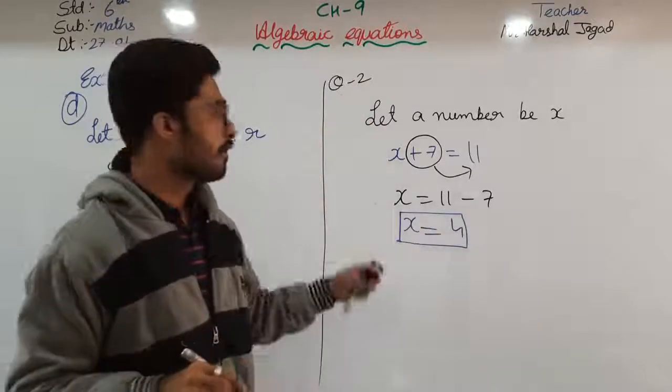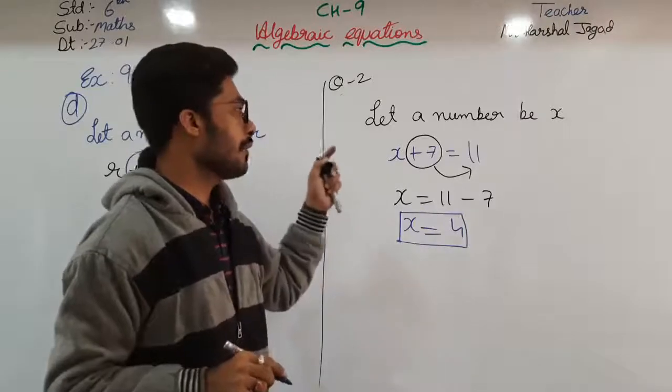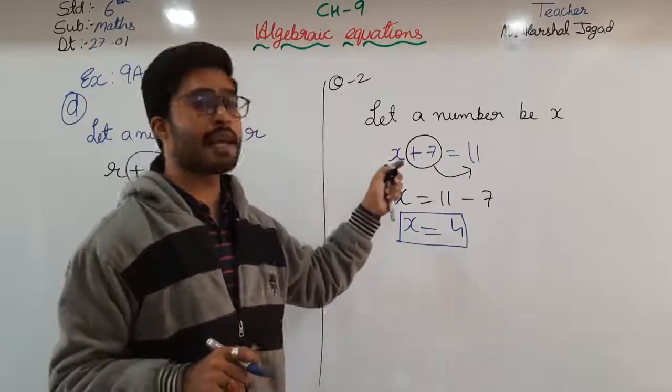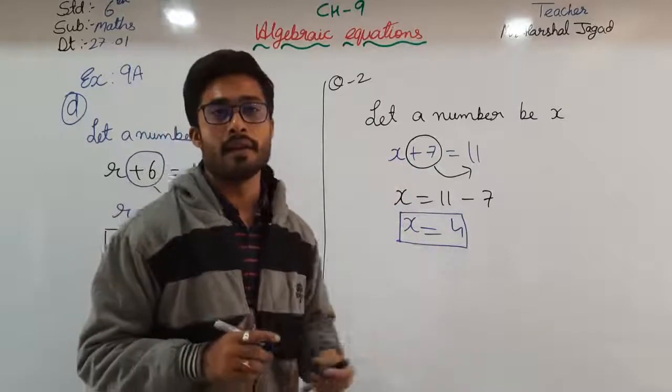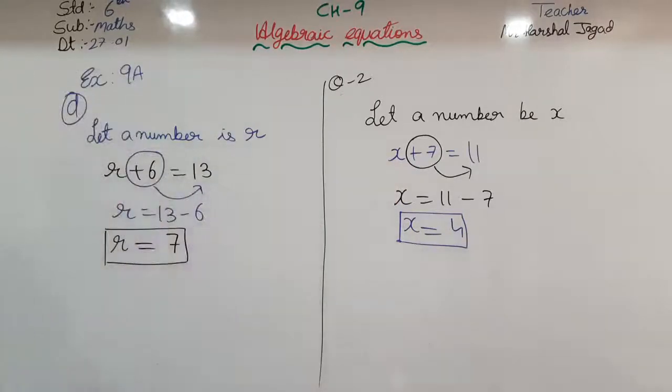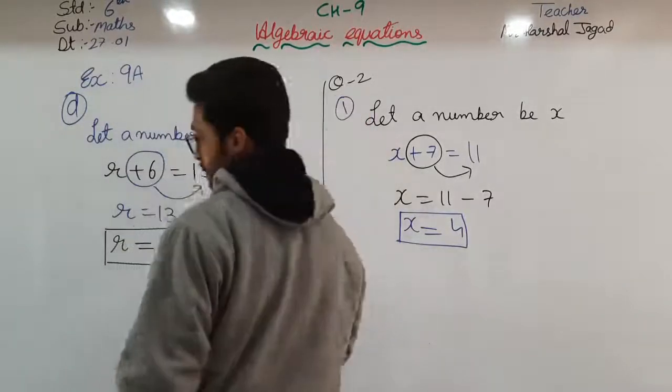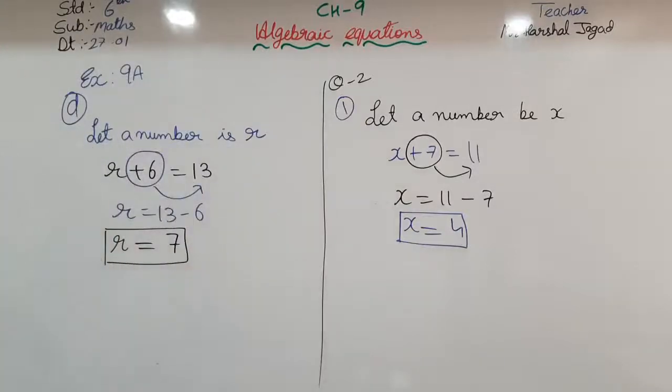A number is 4, means 7 added to the number, we will get 11. Okay, so this one was I, and the remaining you can do by yourself.